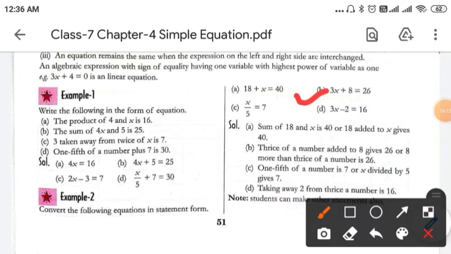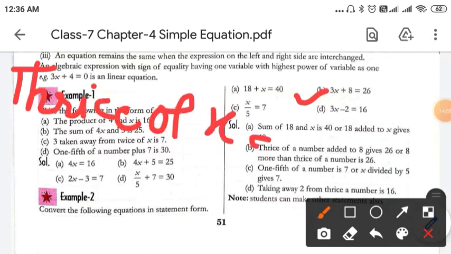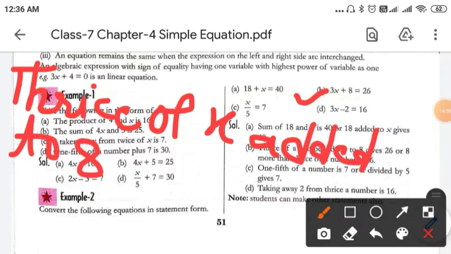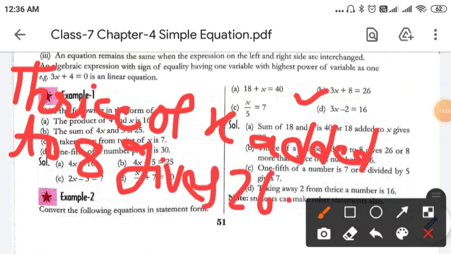So here 3x plus 8 means 3 times means thrice. Thrice of x when added to 8, it gives 26. We can write like this: thrice of x added to 8 gives 26.